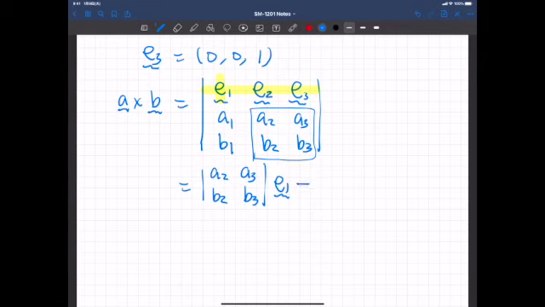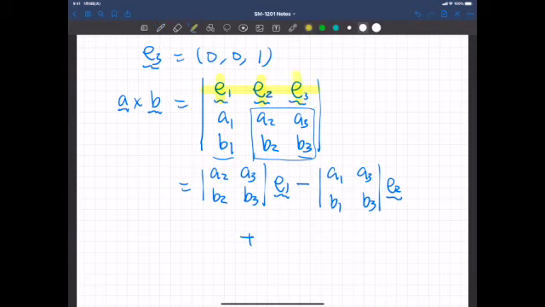Then we pick E2, and of course the sign is negative in this case, and we pick this column and this column. So that's A1, A3, B1, B3, and E2. And plus, now pick E3 and consider this part, and the sign is positive, and that's A1, A2, B1, B2, and E3.